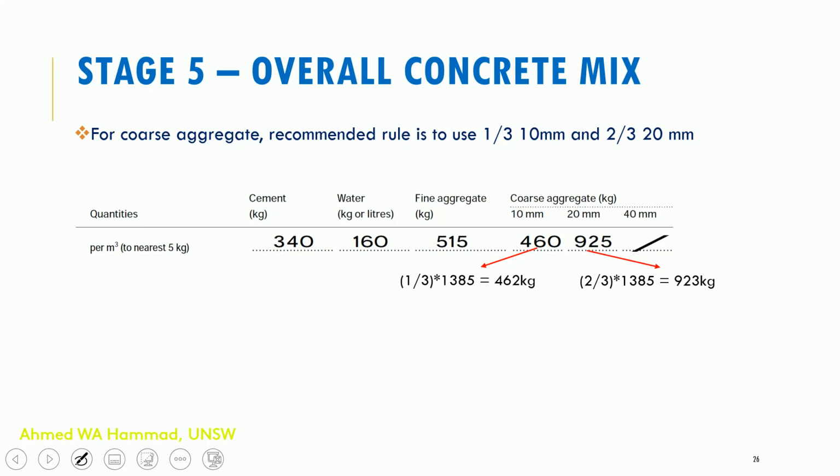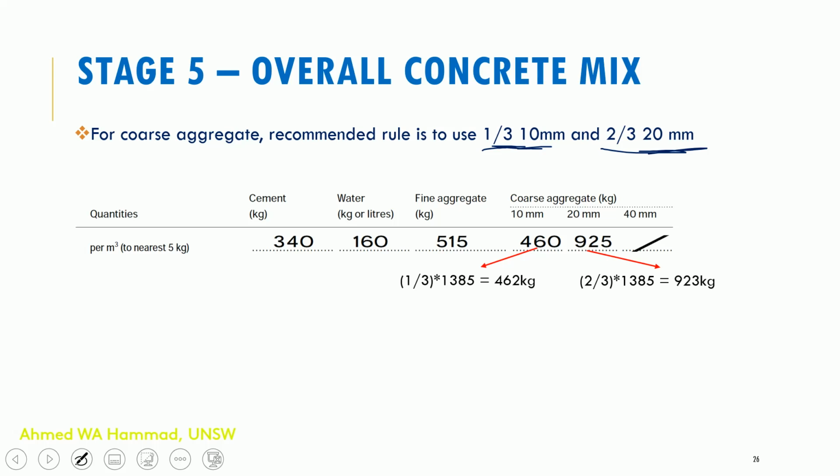So the overall concrete mix is what you see on the screen in front of you. What I did over here was I took the coarse aggregates and divided them using a rule of thumb. 1/3 is going to be 10 mil, and 2/3 is going to be 20 mil. That's just a recommended rule of thumb.